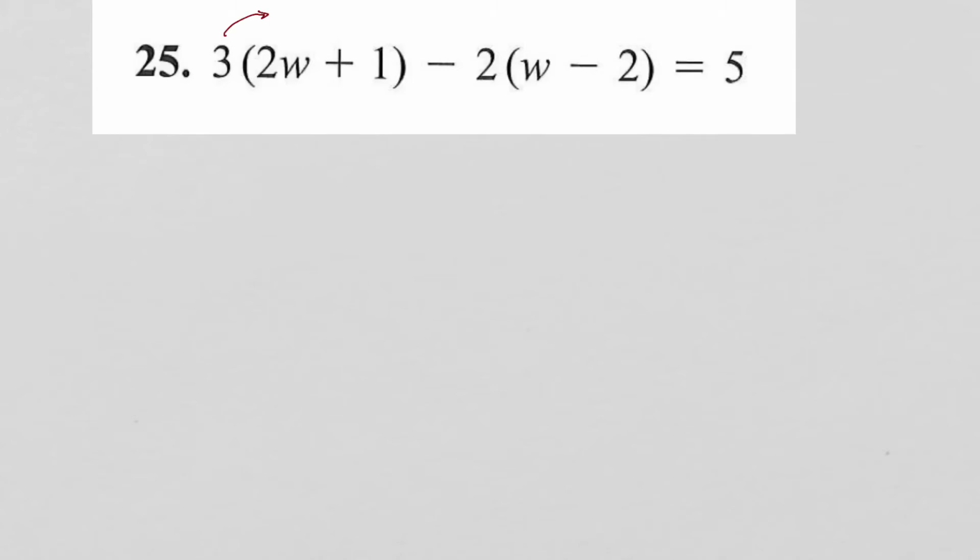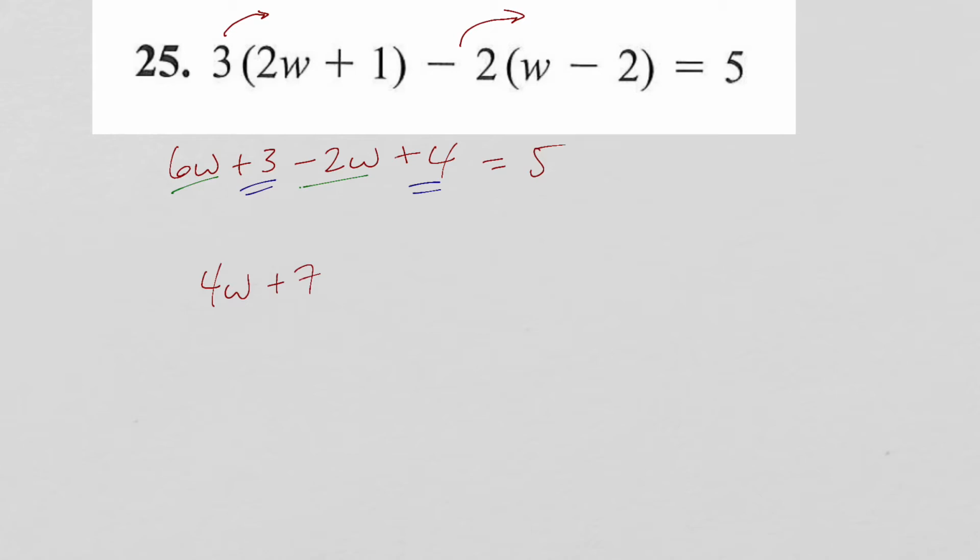Okay, here I'm going to distribute this, and we'll get 6w plus 3. I'll distribute the negative 2 and get negative 2w plus 4. Negative 2 times negative 2 is positive 4, equals 5. And then I'm going to combine positive 6 and negative 2. That's a positive 4w. And I'm going to combine positive 3 and positive 4.